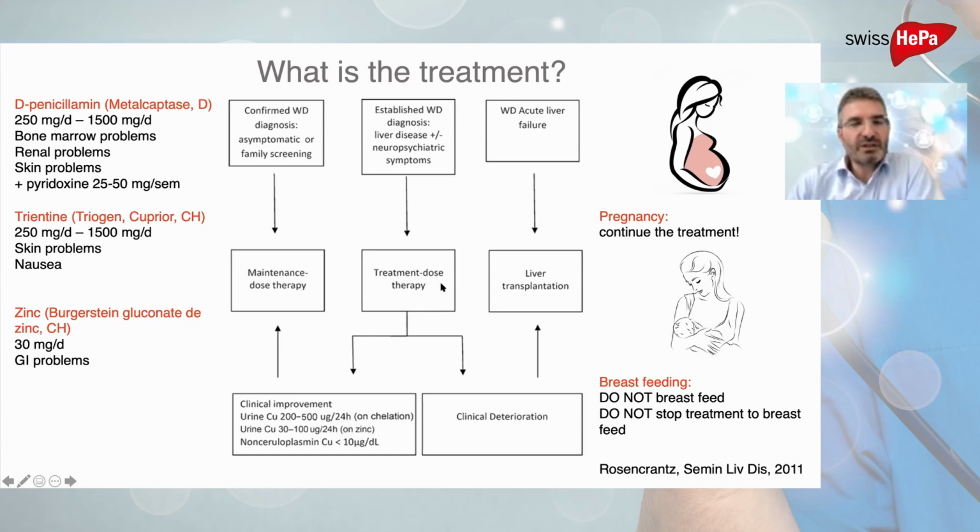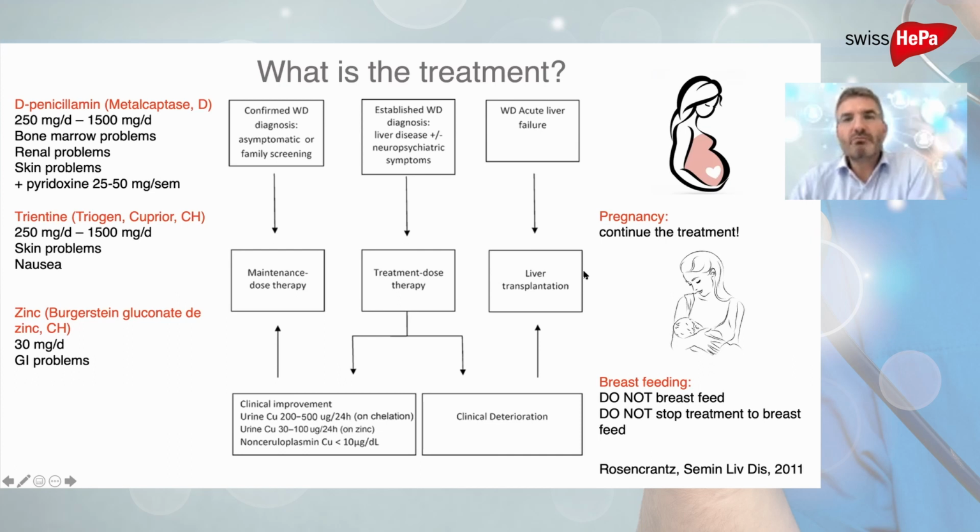That is, we start with a small quantity, we increase until the dose that is necessary to empty the overaccumulation of copper, and then we switch to maintenance therapy. In case, and these are very rare cases, of Wilson's disease manifesting in the form of acute liver failure, the only treatment is liver transplantation.